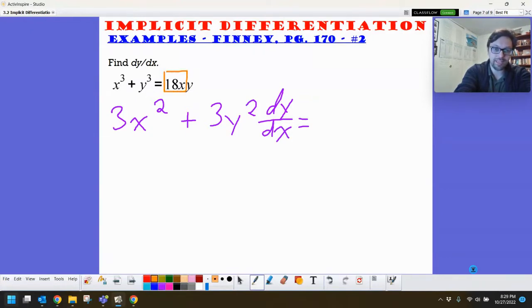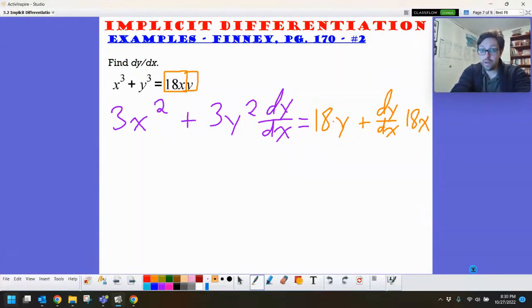That 18 can go with the x or the y. I'm going to choose to do it with the x. I think that might be a little bit simpler. And then our y is going to be our second thing. So derivative of our first is 18 multiplied by the second thing, y, plus the derivative of the second, which is dy over dx, multiplied by our first thing, which is going to be 18x.